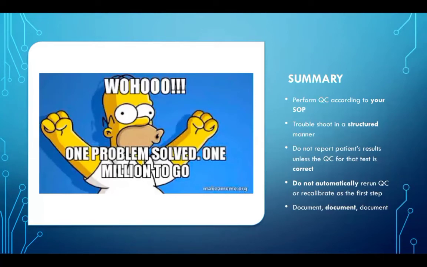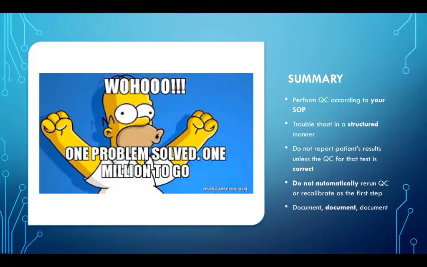So now, what is important? Perform this QC according to your SOP. Whatever procedure you have developed, follow that. Troubleshoot in a structured manner, as we discussed, and do not report patient result unless the QC for that test is correct.